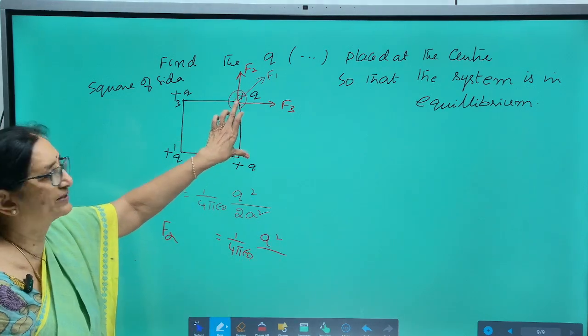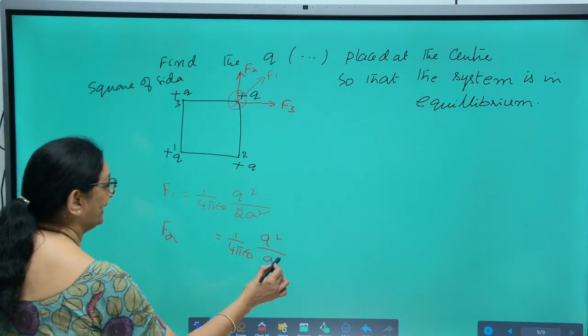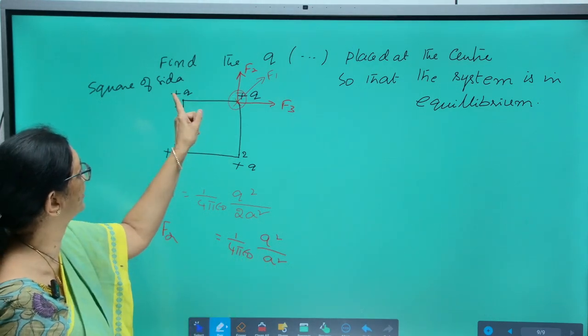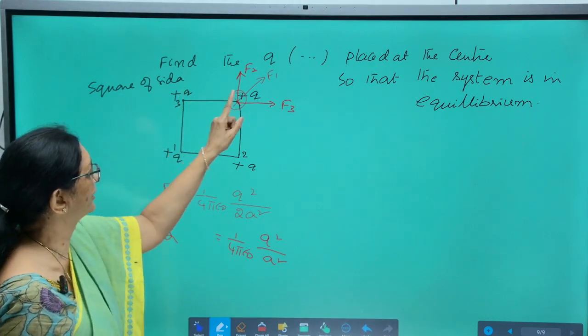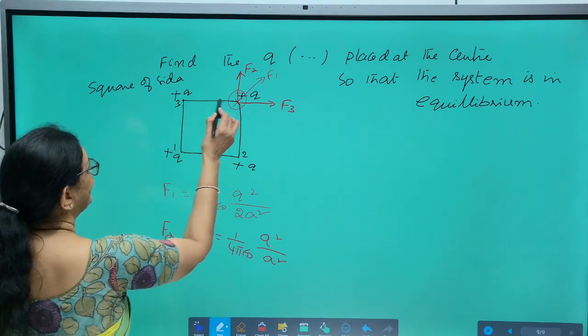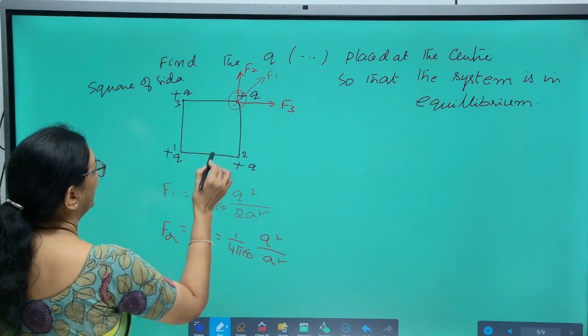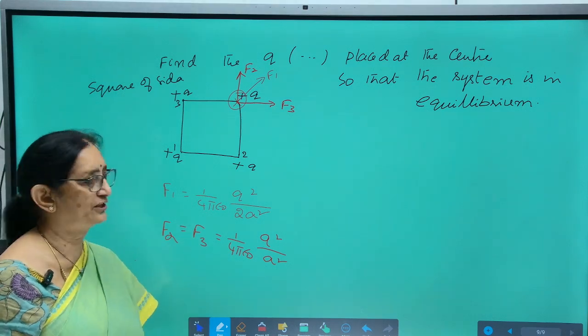What is this distance? It is a. So, q squared by a squared. The force on this due to the other is also 1 by 4 pi epsilon naught q squared by a squared, since this distance is also a. So, F2 and F3 are equal in magnitude.